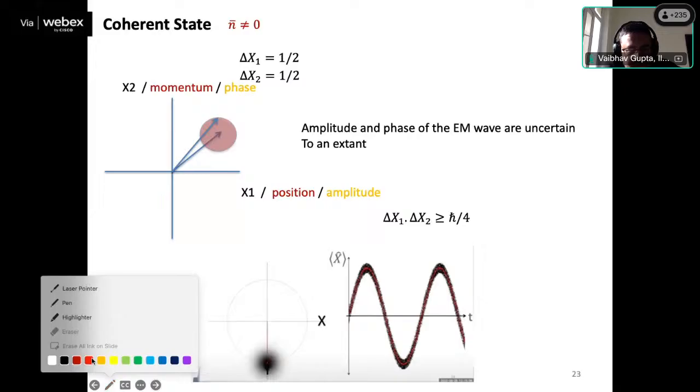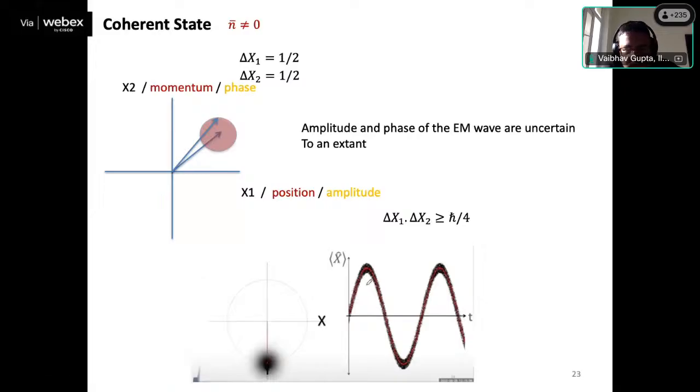So you cannot really say whether the amplitude is this much or up to here. So there is some sort of uncertainty. This is uncertainty in amplitude, and here we have uncertainty in terms of phase. This is one uncertainty, this is the second uncertainty, and the values will be half, half. This is called the coherent state.